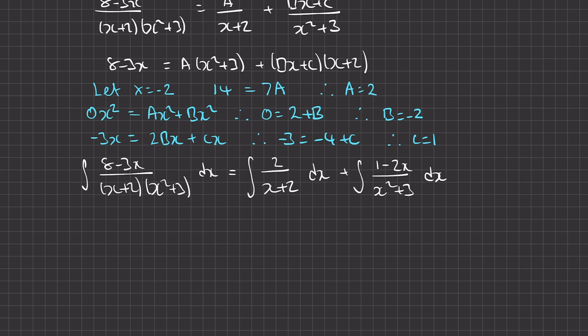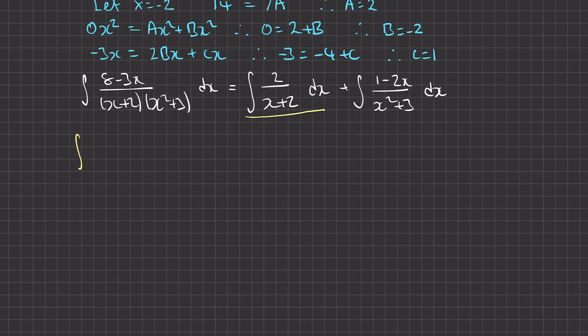Okay, so first thing I'm going to do is work out this bit first. So we have the integral of 2 over (x plus 2) with respect to x is equal to 2 multiplied by that integral. I'm just taking out that multiple of 2.